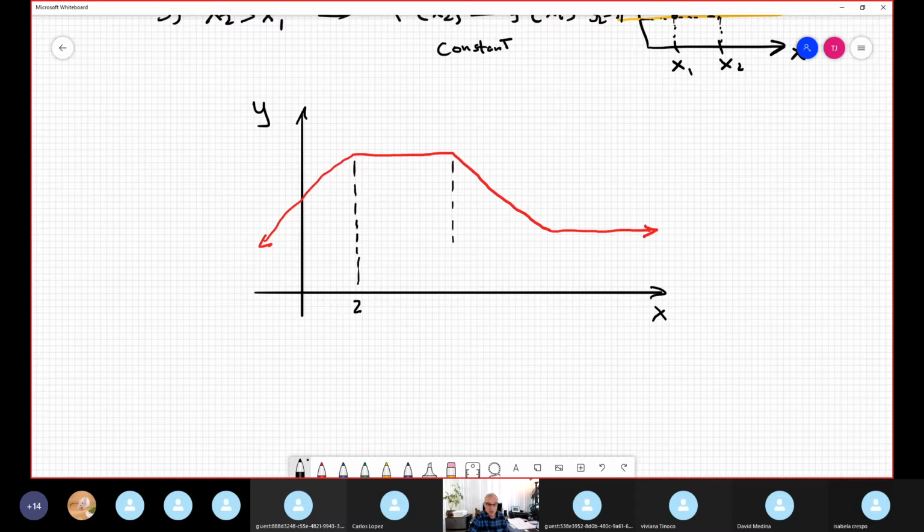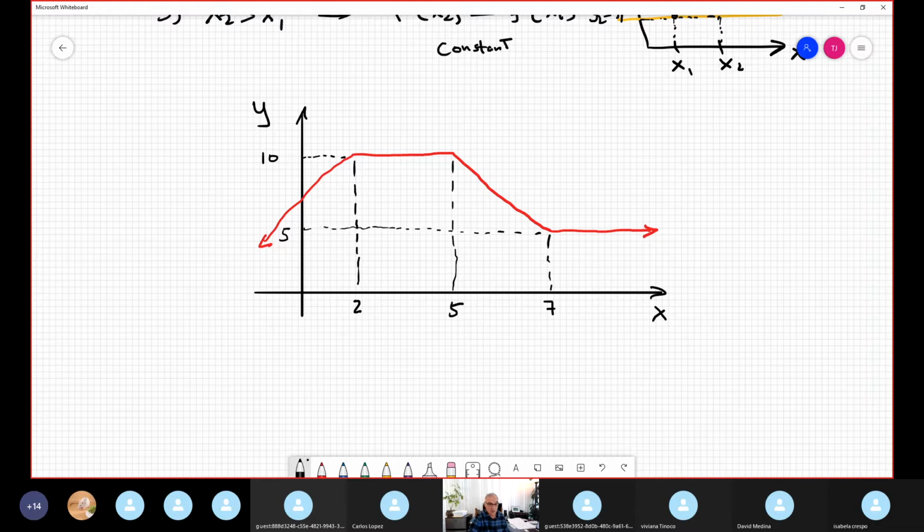Maybe this point is, I don't know, 3, 4, 5, 6, 7. Something like that. To confuse you, I give you the y values. This y value maybe is 10. This y value is maybe 5. I say to confuse you because I never use this number. So the y value, no.